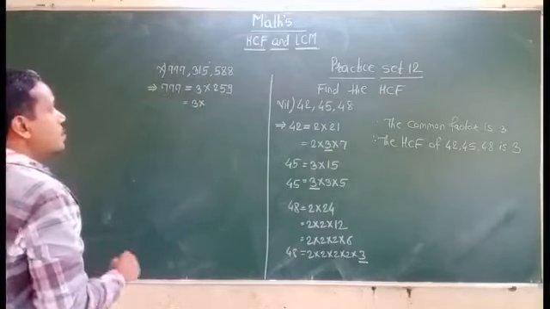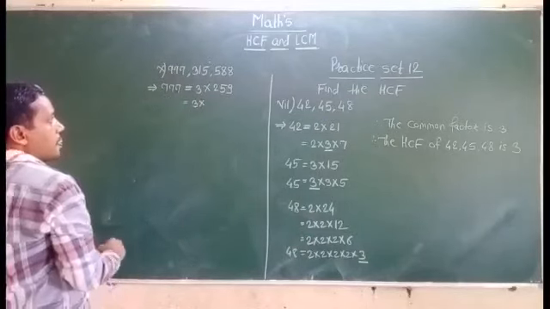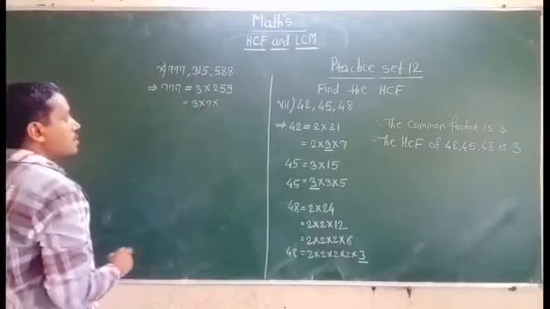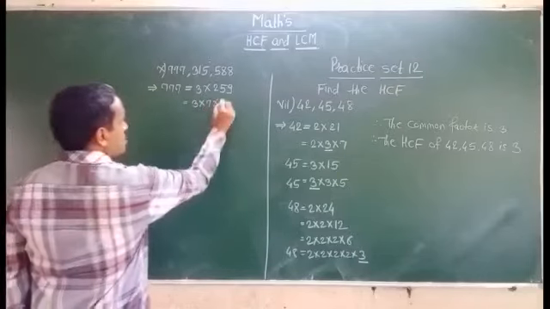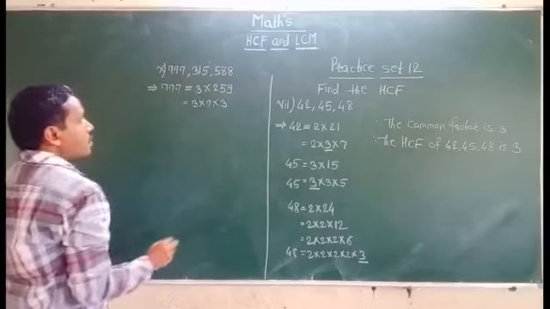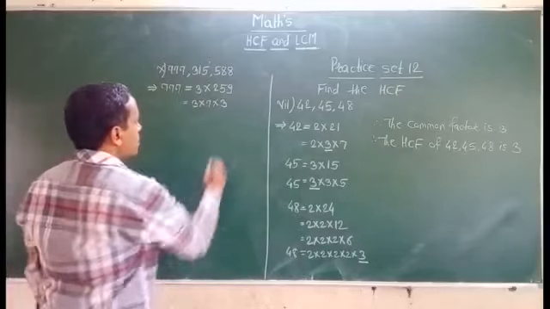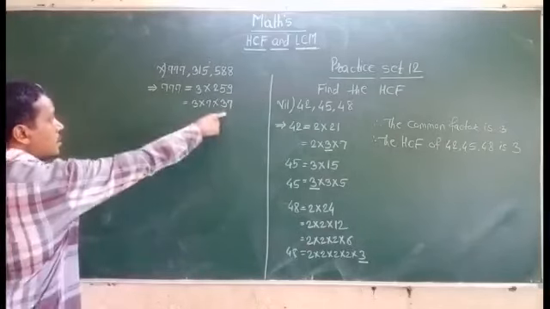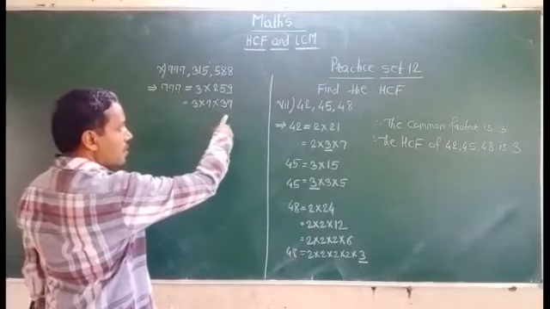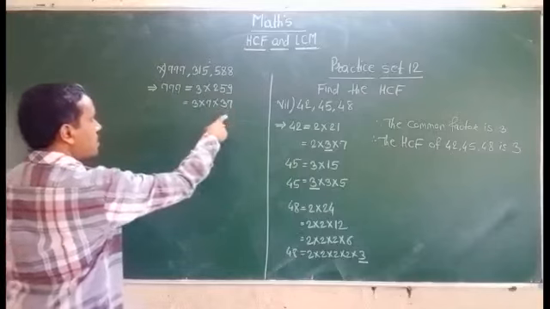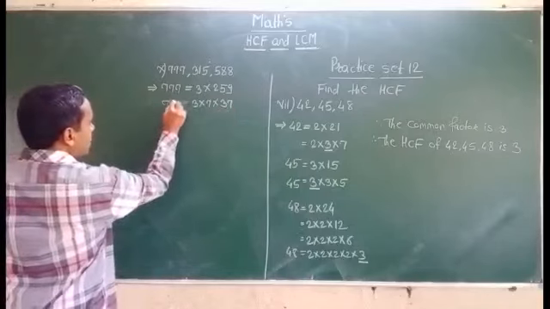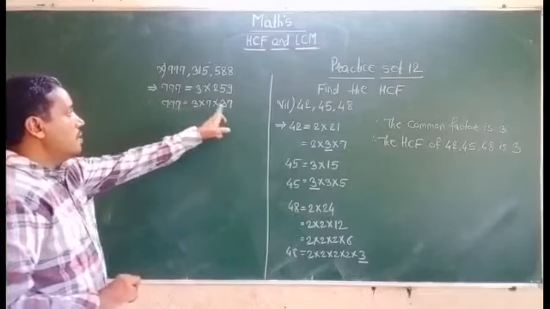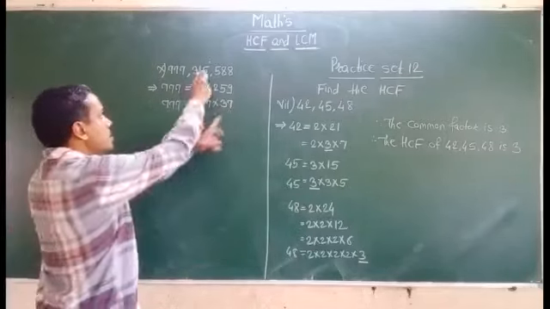Then 259 is divided by 7, and we get 37. 37 is a prime number and cannot be split again. So the prime factorization of 777 is 3 into 7 into 37.